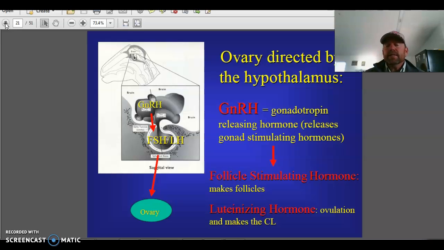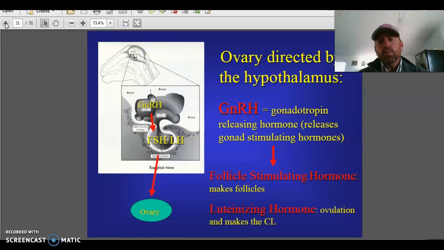The pituitary gland has two main hormones when we're dealing with reproduction. There's a lot of hormones in the pituitary gland, but two main ones that will be released. So depending on the concentration of GnRH coming from the hypothalamus will determine whether we release FSH, follicle stimulating hormone, or LH, luteinizing hormone.